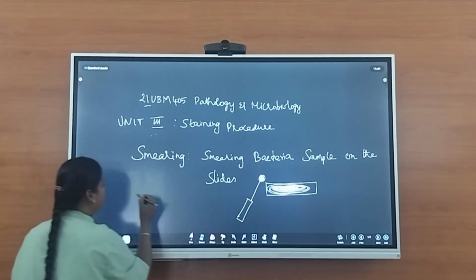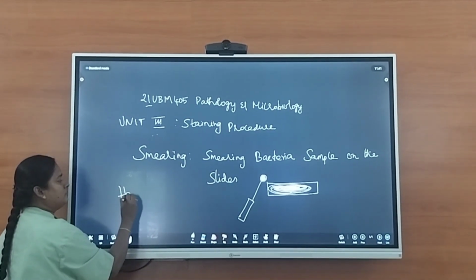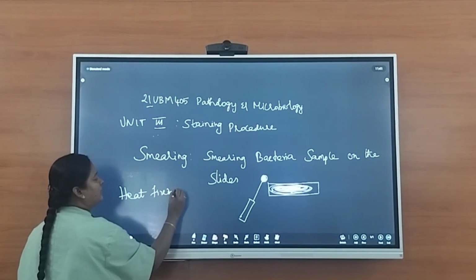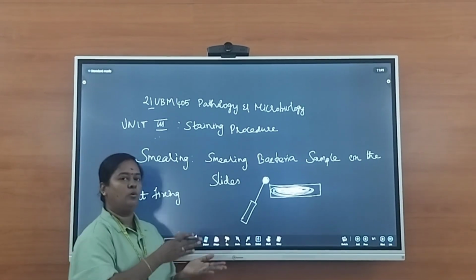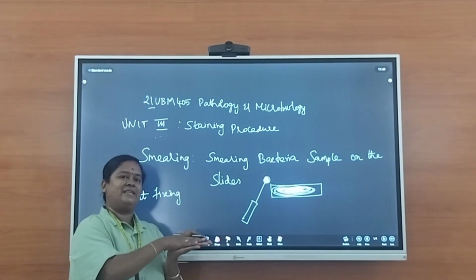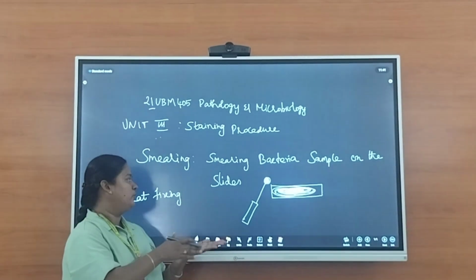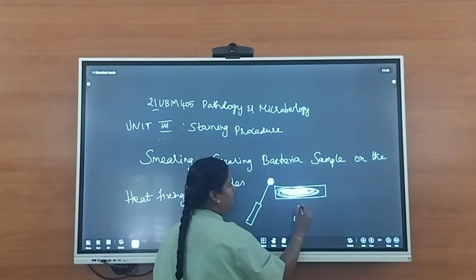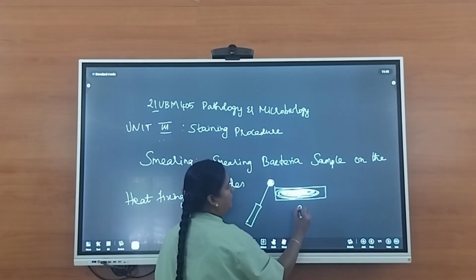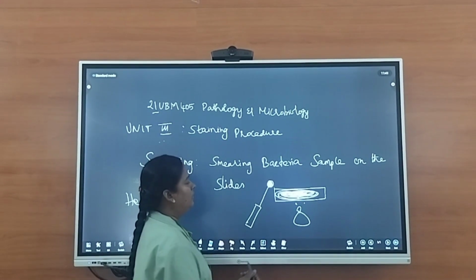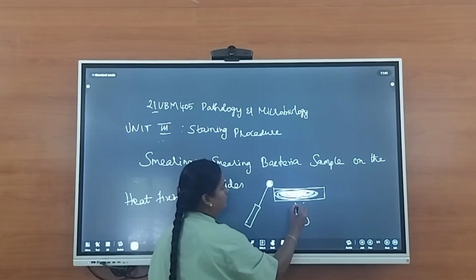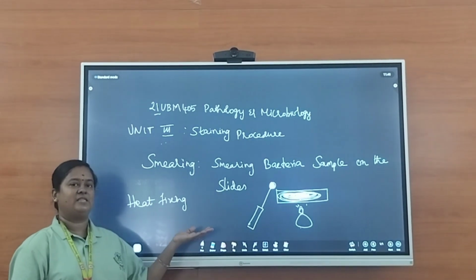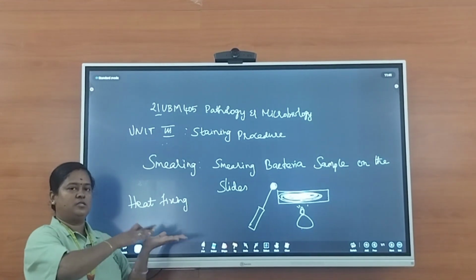So the second step is heat fixing. Heat fixing is done in order to fix the bacteria sample on the slide. We can use either a lamp or a spirit lamp; by using the flame we can fix the bacteria smear on the slide.